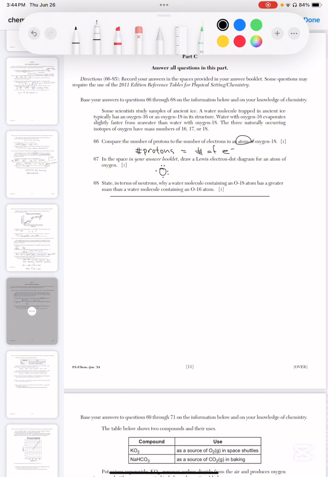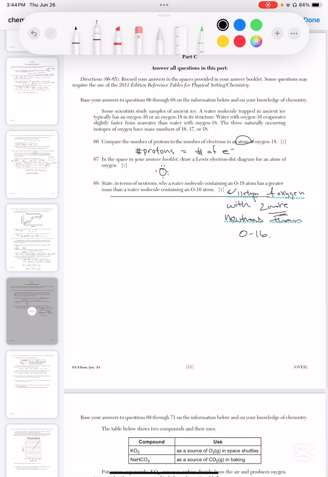State in terms of neutrons why a water molecule containing O18 has greater mass than a water molecule containing O16. Well, O18 is an isotope of oxygen with 2 more neutrons than O16.